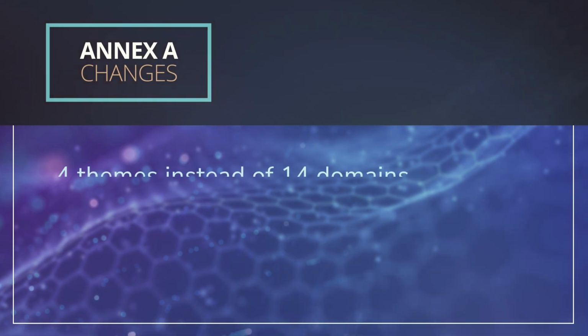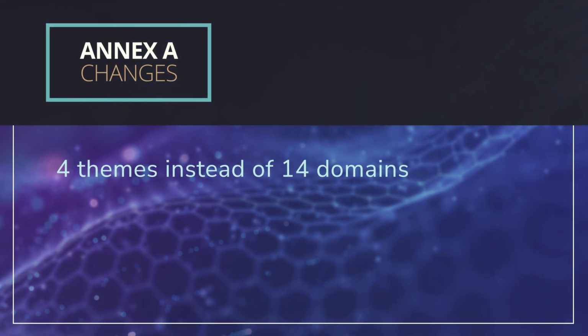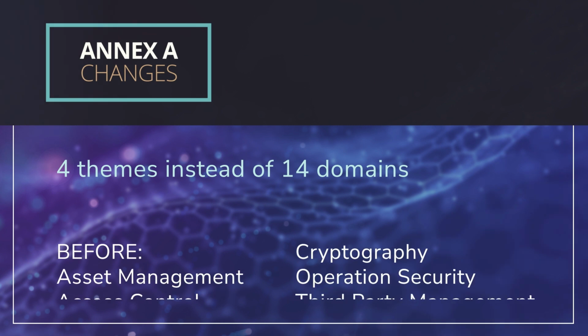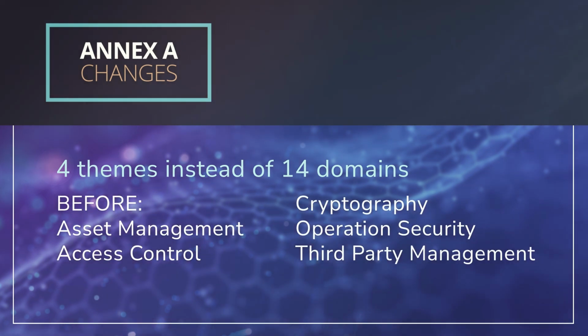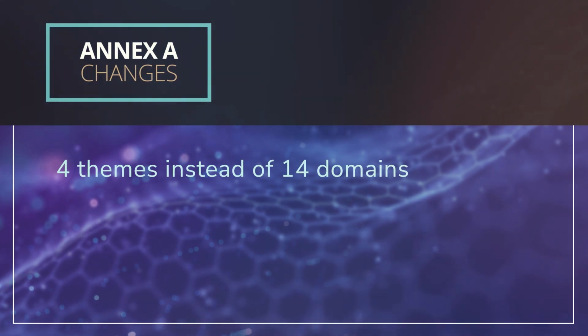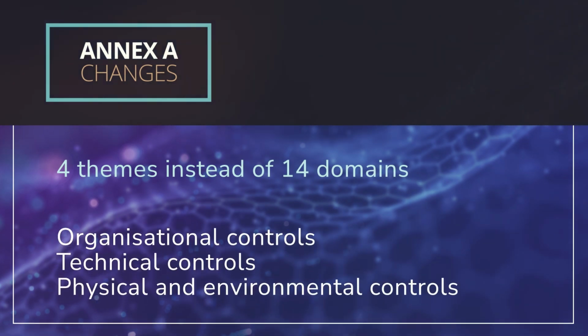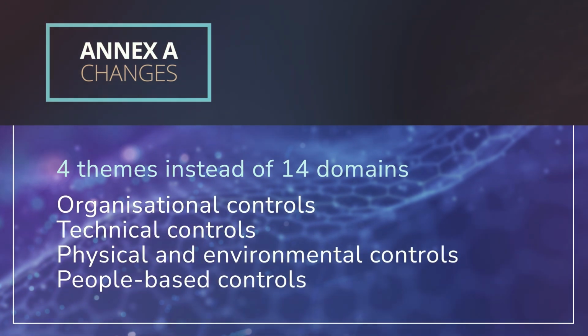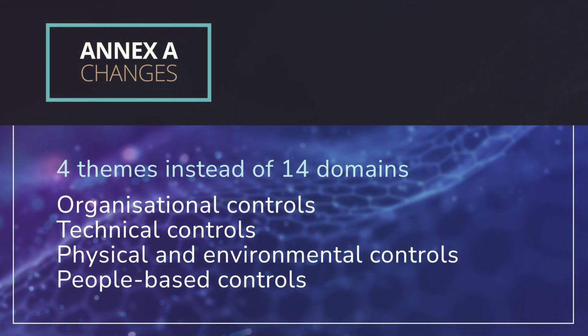Whereas before the 114 controls were split over 14 domains, covering things like asset management and access control, cryptography, operations security and third-party management, these have now been rearranged into 4 different themes, covering organisational controls, technical controls, physical and environmental controls, and people-based controls.